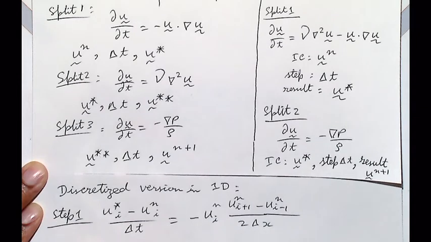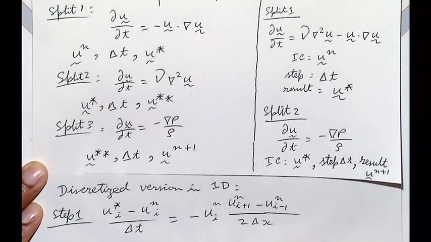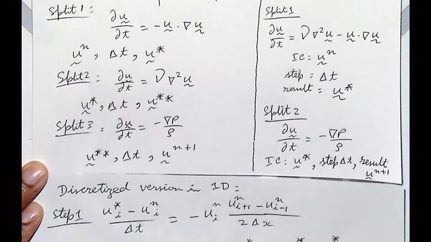Step 2 is, find out u star from here and then do u star star i minus u star i over delta t equal to nu times (u i plus 1 minus 2 u i plus u i minus 1), all at star, over delta x squared.